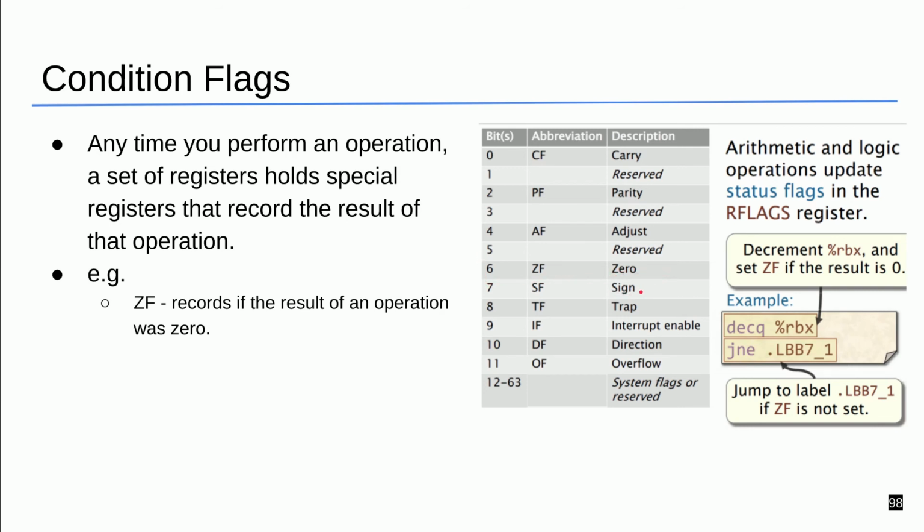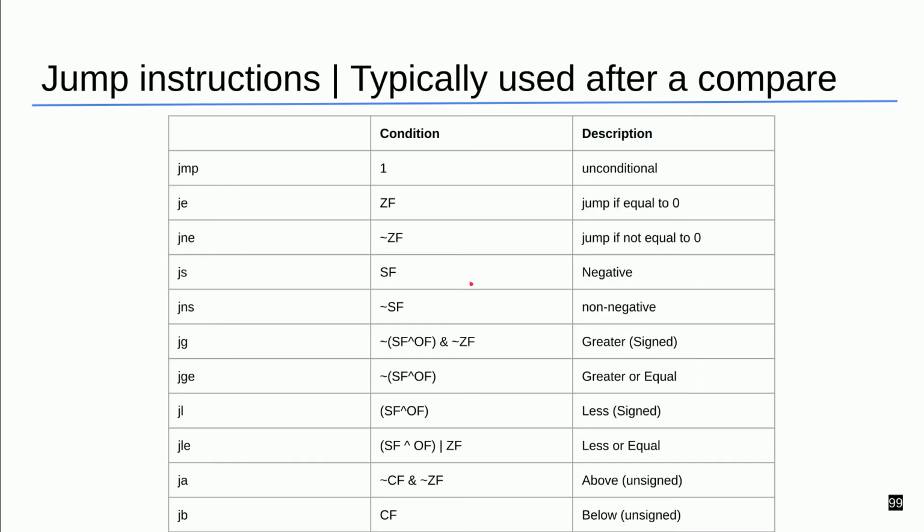Did the sign change? Did you create a value that was too big? That's where the carry was, some really, really big number. And these bits will flip 1 or 0 based off of that. And based off of that, you can figure out what the result was of some operation and where to jump, okay? So just know, again, the takeaway is that there's a giant scoreboard with all these conditional flags that tell you where to jump in your code, okay?